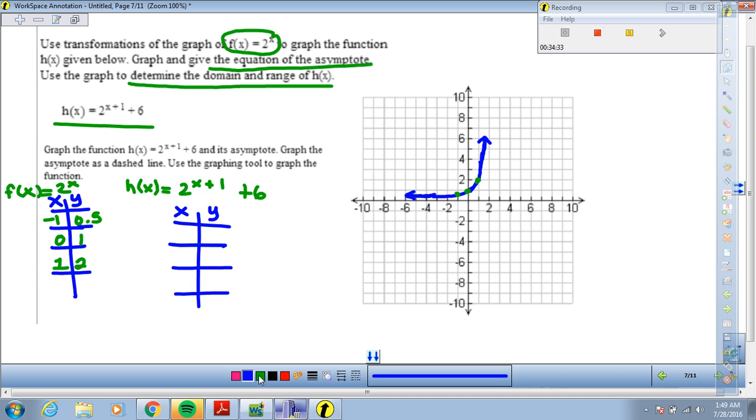So in this x +1, we're gonna move every point from this graph 1 unit to the left. Because of this +1, it means 1 unit to the left. So that means subtracting 1 from the x's basically. So negative 1 minus 1 would be negative 2, 0 minus 1, negative 1, and 1 minus 1, 0. The y's right now remain as they were before.